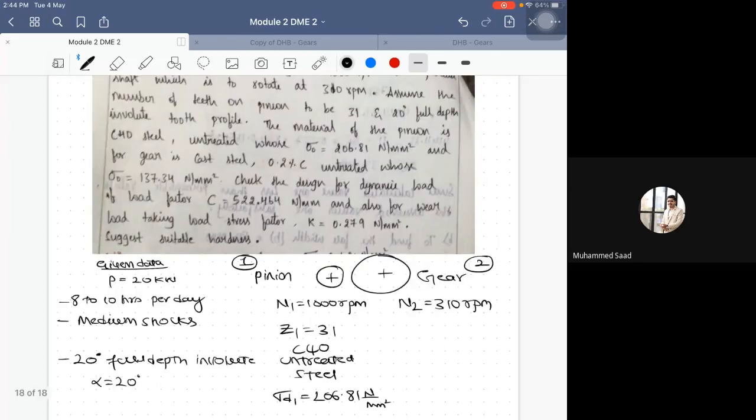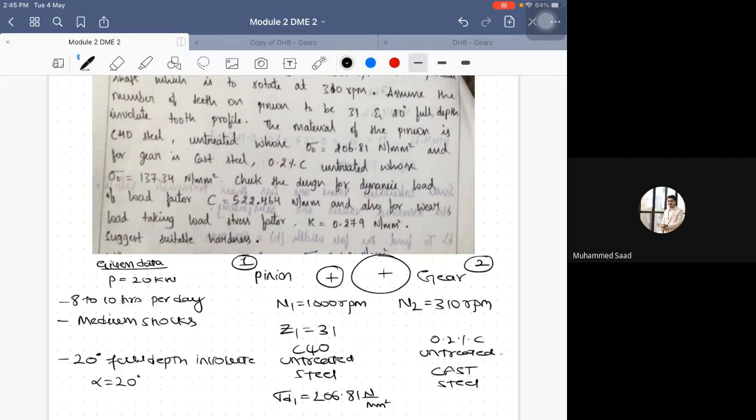Very good. Next, the gear is of cast steel. So I would write it here, cast steel gear, 0.2% carbon, again untreated.